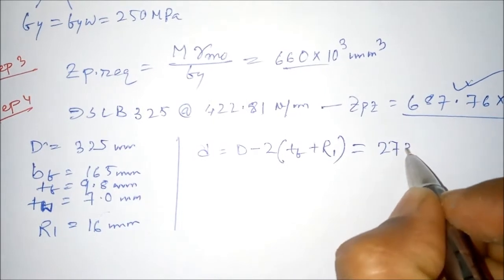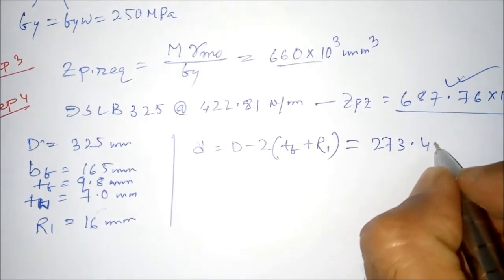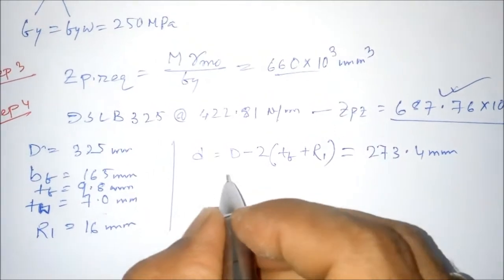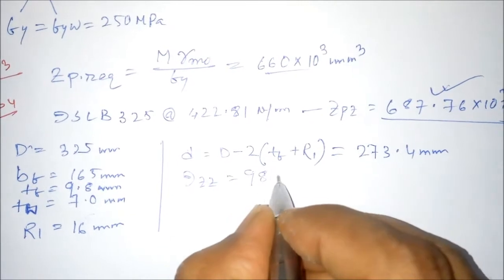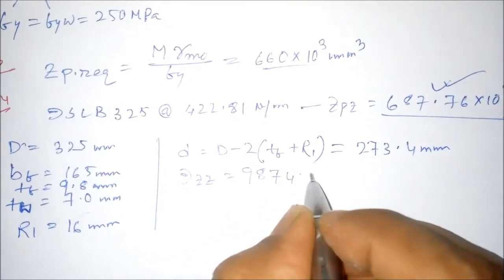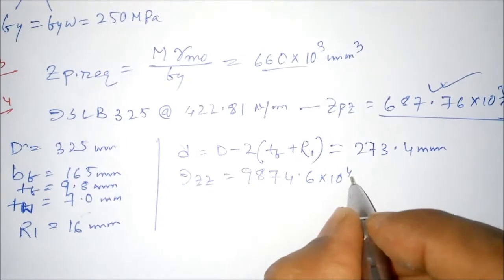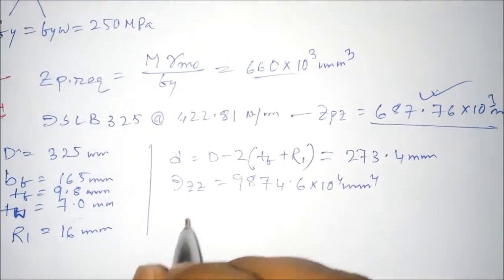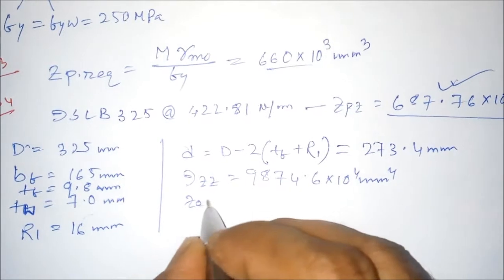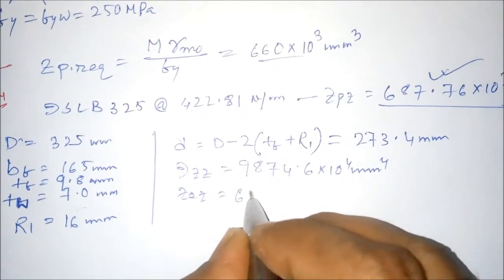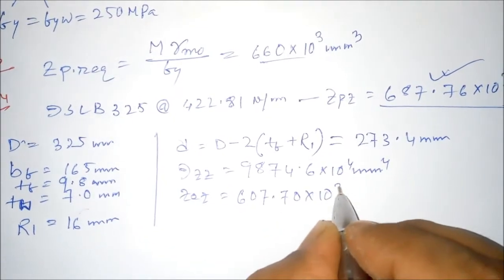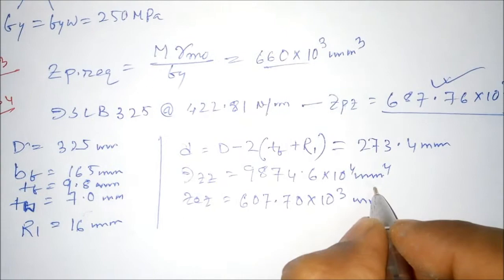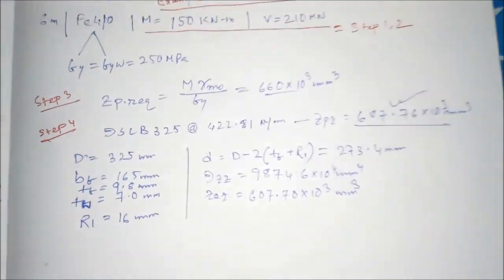This is coming to 73.4 millimeter, and other values, Izz is equals to 9874.6 into 10 to the power 4 millimeter to the power 4, and Zez is equals to 607.70 into 10 to the power 3 millimeter cube. So those are the data we are getting, right.